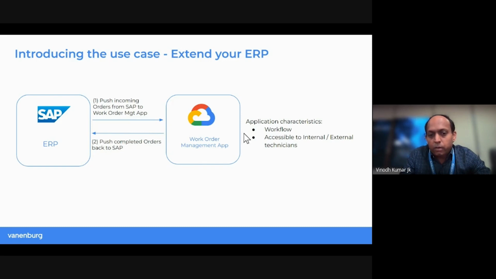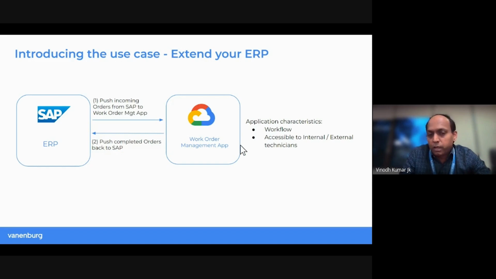And then in the work order management application, there are a lot of features, including workflows, and the ability for internal and external technicians to access it on desktop and on mobile. And once the workflow is completed, we push it back into the SAP systems. So this is the use case of extending your ERP that we are going to see in the demo.